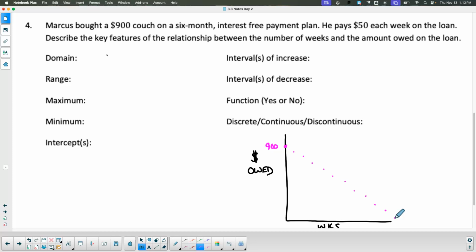So what would my domain be? Well, how many weeks is that? You tell me. 900 divided by 50 equals 18. So it'll be bracket 0, comma, 18, bracket.